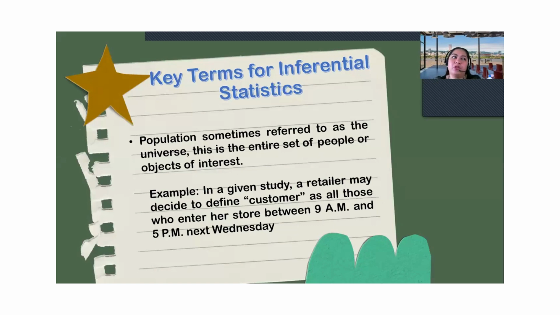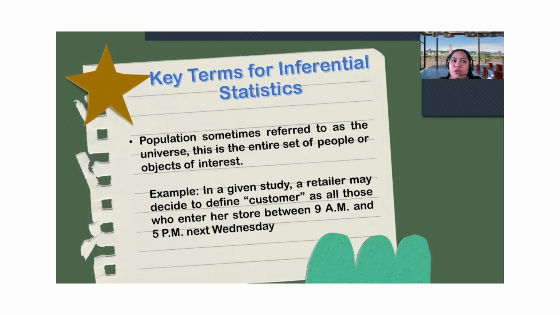Population, I'm pretty sure you have already had this in your researches in your high school days, junior and senior high school, because if I'm not mistaken, in K to 12, there are already researches. So this is part of that.